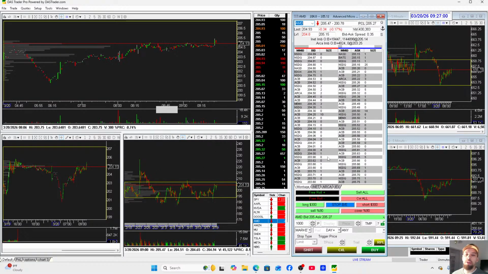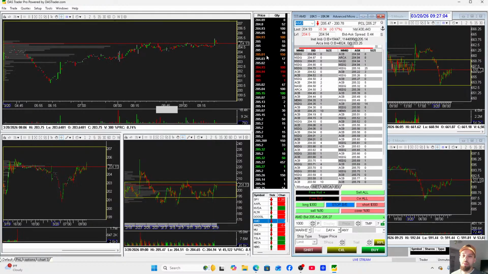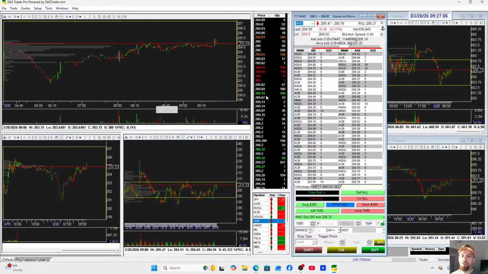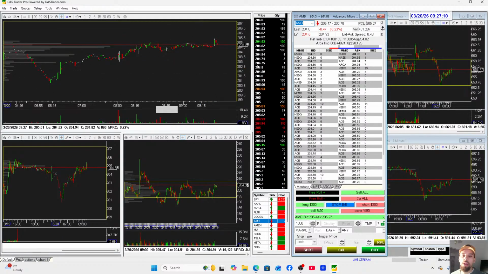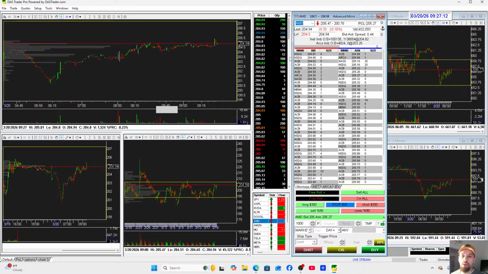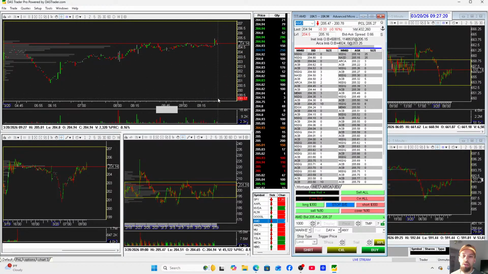That really allowed me to focus on the level 2, this guy here, and the tape. So this is live transactions. Once I got rid of all my indicators and I didn't really have anything else to focus on but these two and the volume, I really started to be able to pick up when buyers or sellers are stepping in and when people are getting aggressive or if there's profit taking and stuff.